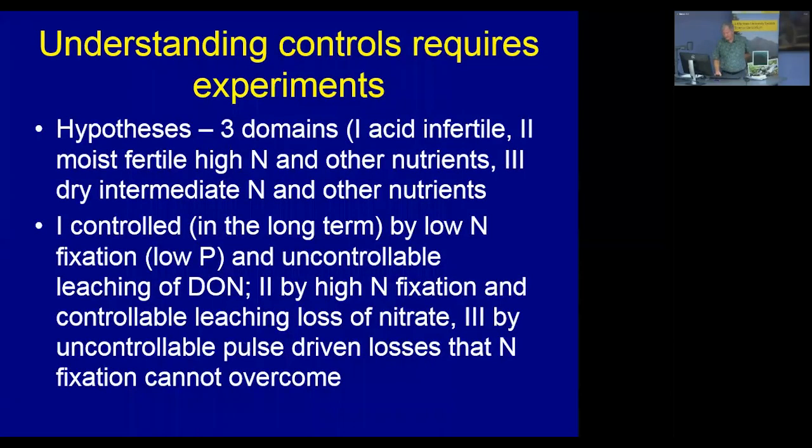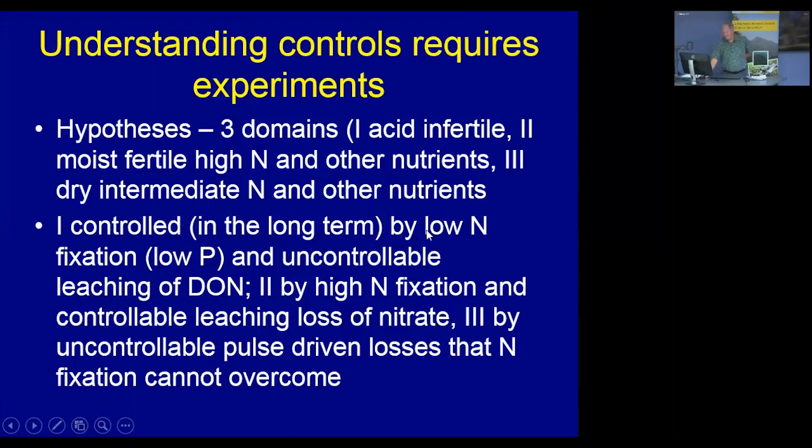So it makes sense to us that biological nitrogen fixation is not constrained there, and it blows away any limitation. Nitrogen is really rich in that environment. If we think about the other domains, in that middle domain, as I mentioned, high nitrogen fixation is what's important.